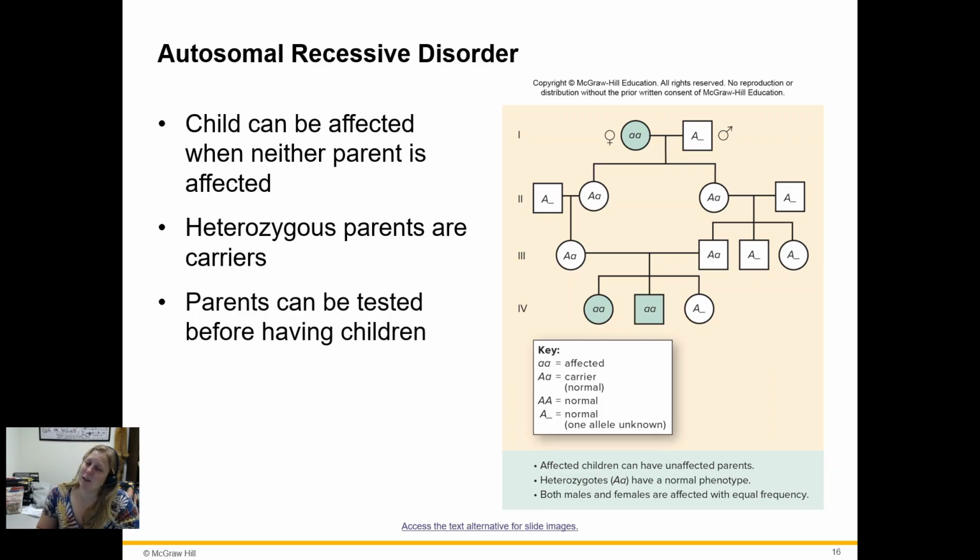Okay, I had a student a couple semesters ago who had 7 children. Her first 6 children had brown eyes, and she and her husband had brown eyes. And so she was assuming that she was homozygous dominant and he was homozygous dominant, right? Or one of them was homozygous dominant and the other one could have been heterozygous because blue eyes is recessive to brown eyes. But their 7th child had blue eyes, which means that they happen to actually be heterozygous.